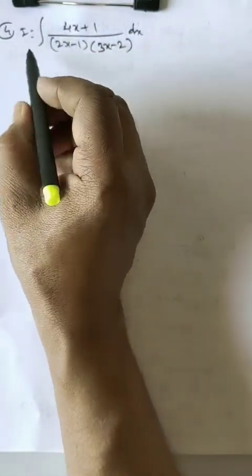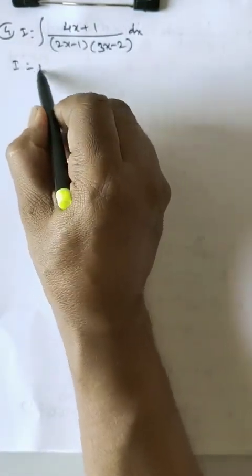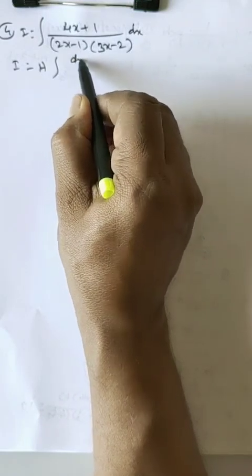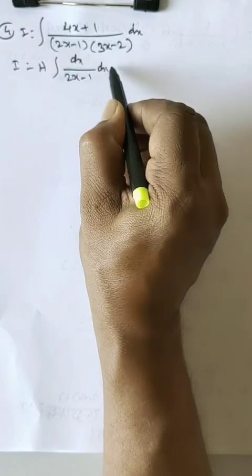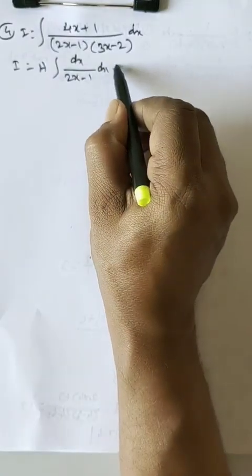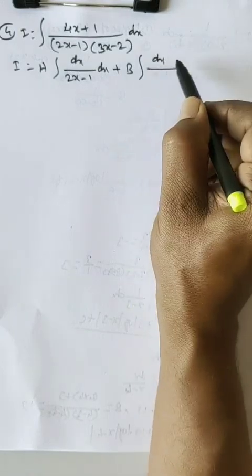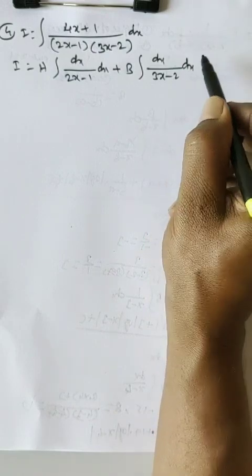Now the answer is a into integration of dx upon 2x minus 1 plus b into integration of dx upon 3x minus 2.